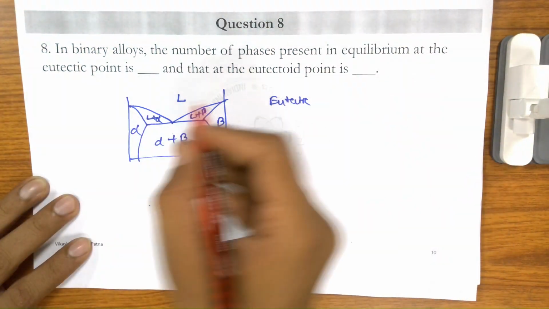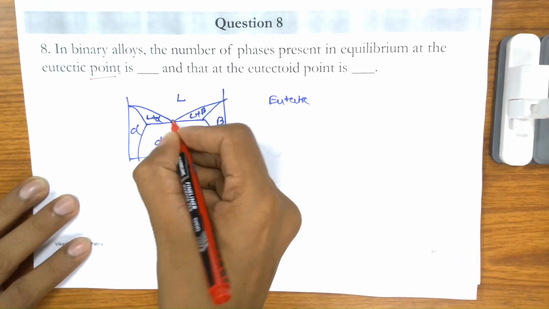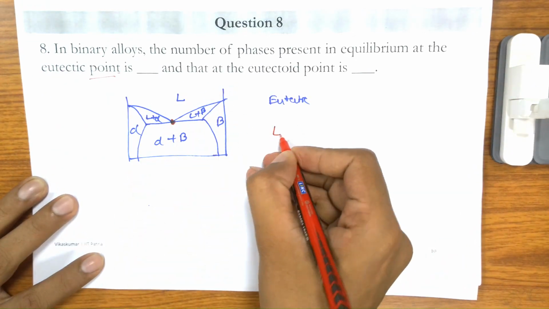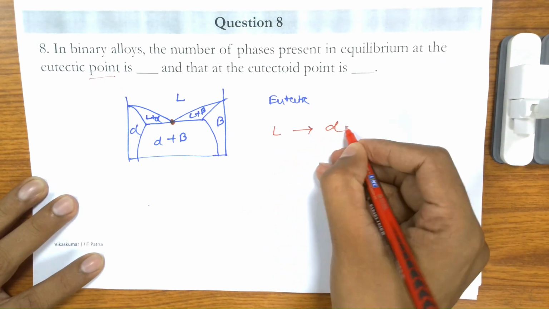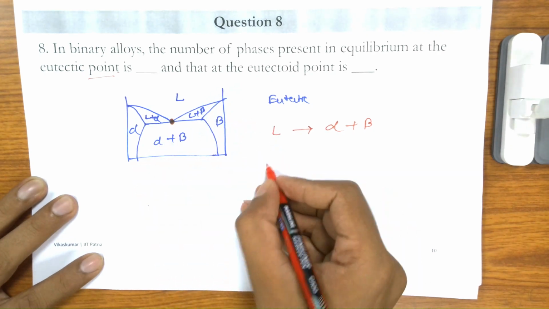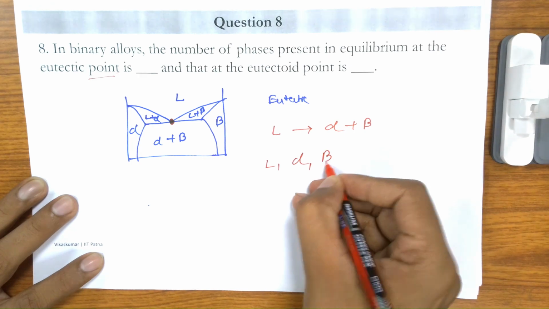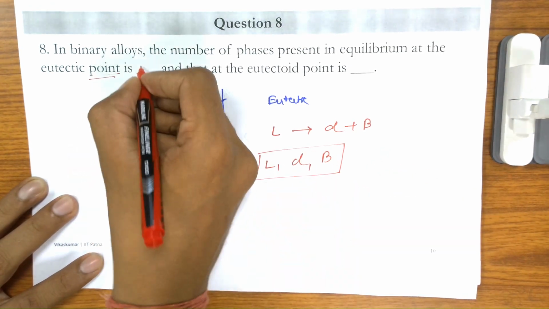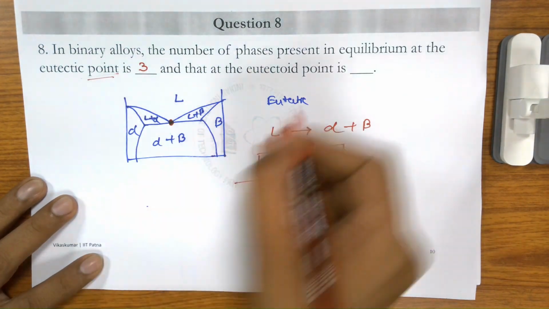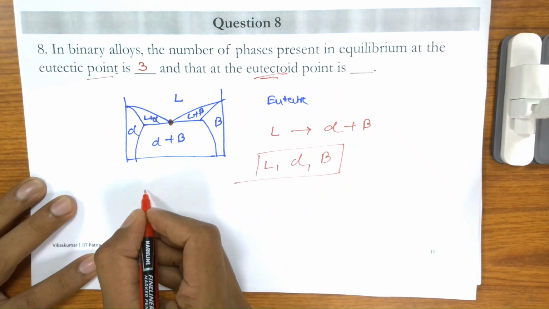What we are talking about is the eutectic point. This is a eutectic point, where the reaction is taking place, where liquid is converting to alpha plus beta. So what all phases are present at this particular point? Liquid is present, alpha is present, and beta is present. So a total of 3 phases are present over here. Similarly, for the eutectoid also, instead of liquid, it will just be replaced with a solid.